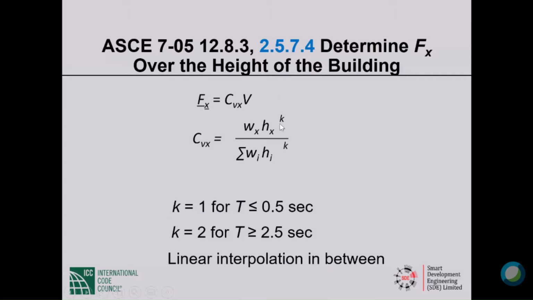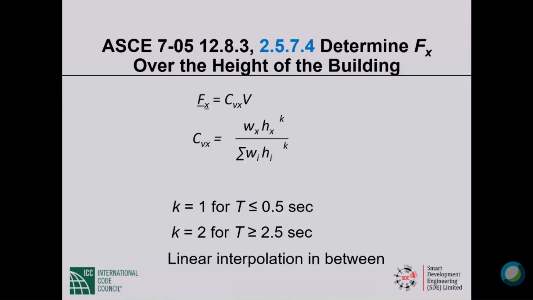K of 2 will give you a parabolic distribution, 0 at the base to a maximum at the top. And we use a parabolic distribution for period larger than or equal to 2.5 seconds. Okay? If the period of your structure is between 0.5 and 2.5 seconds, we interpolate between a K value of 1 and 2, so we will get something between a linear and a parabolic distribution.